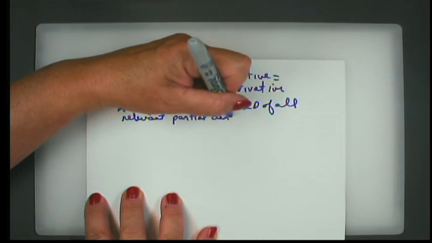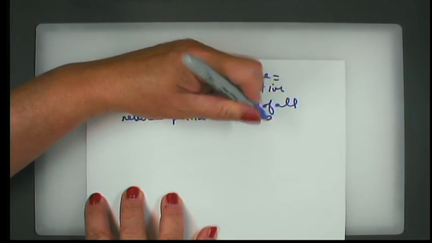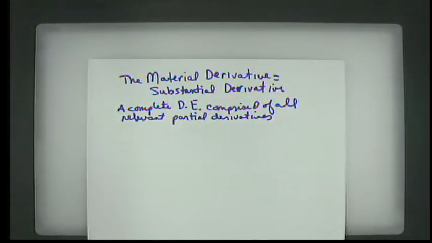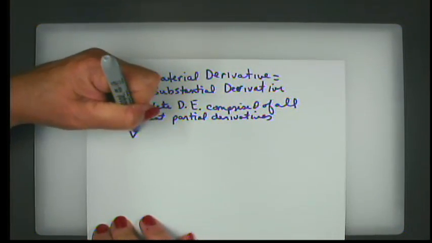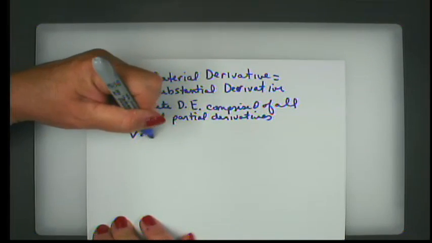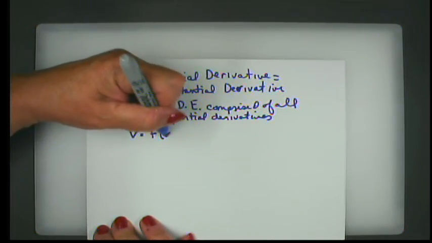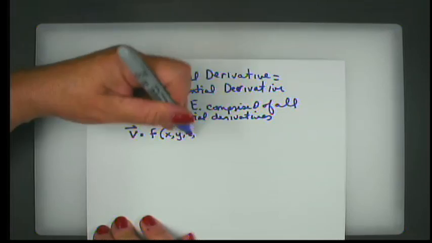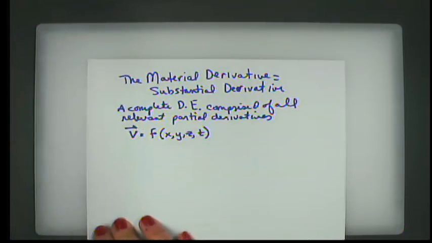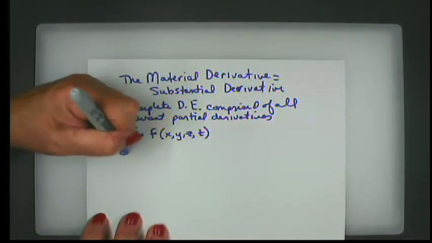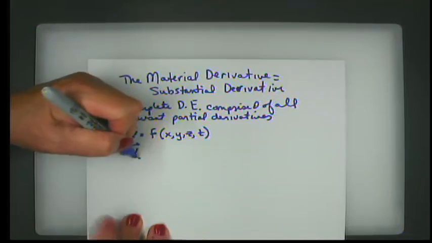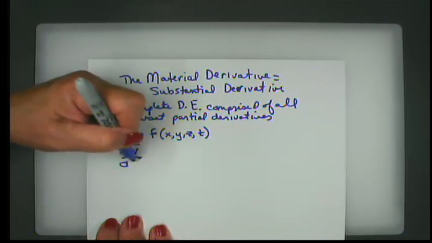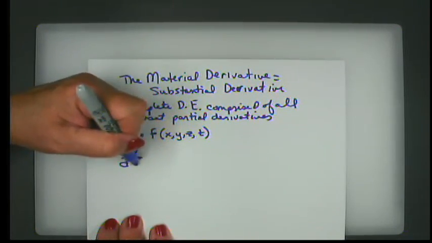So if you think about an equation in several variables, so for example, last time we talked about velocity being a function of x, y, z, the spatial coordinates, and time, we can come up with a derivative of velocity with respect to some other variable, possibly time.